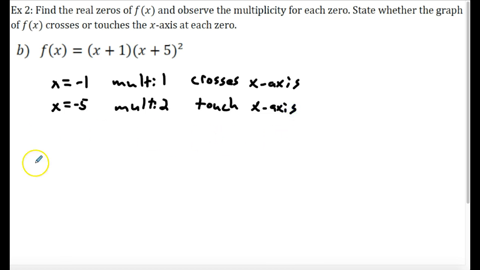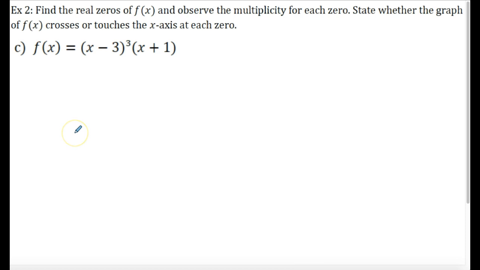All right, so you guys try this one. State each 0, state its multiplicity, and then whether that means it will touch or cross the x-axis. All right, so the first one would be x equals 3.